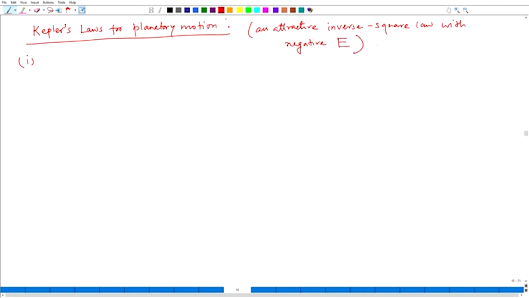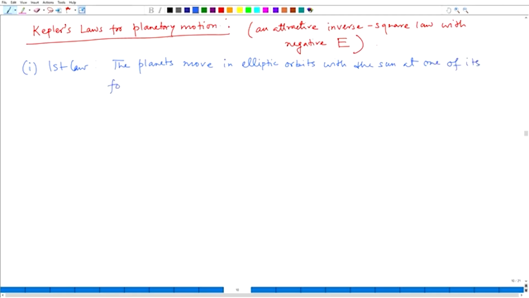So, the first law said that the planets move in elliptic orbits, which we have now shown analytically, elliptic orbits with the sun at one of its foci.